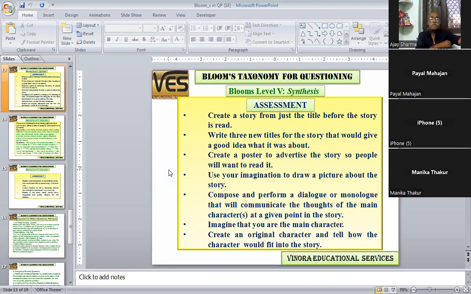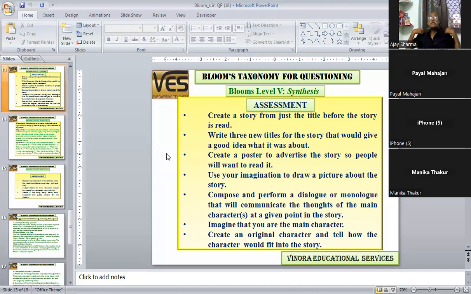Just the title. Create a story from that in present-day society. What type of responses would people get if they were in place of the Daroga's father? Compare and perform a dialogue or monologue that will communicate the thoughts of the main character or characters at the given point in the story.